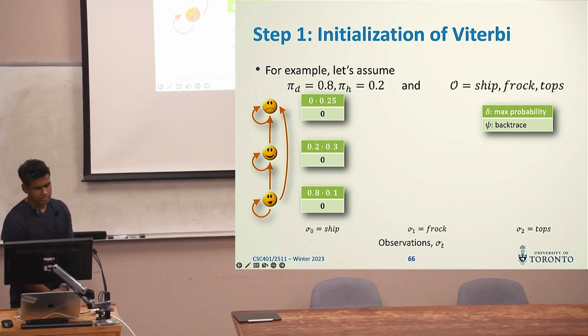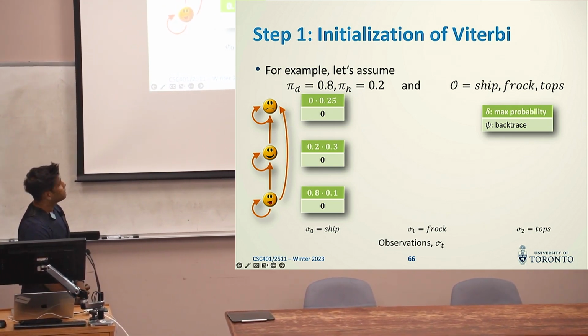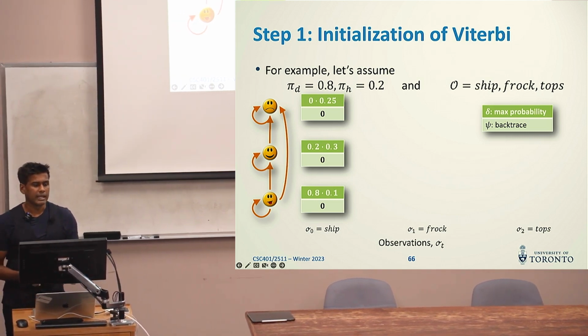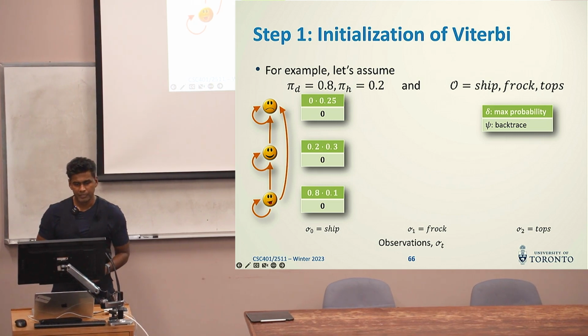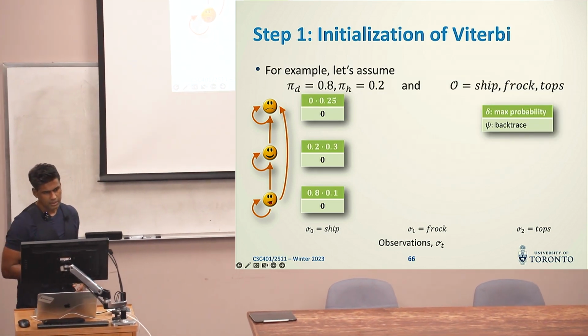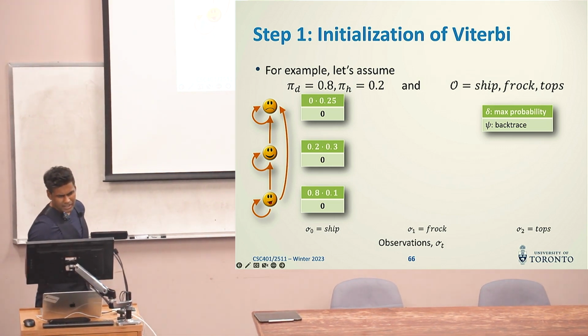All right, so let's make this concrete. We're given our initial state probabilities. Pi d is 0.8, pi h is 0.2, and pi s has to be 0, I guess.